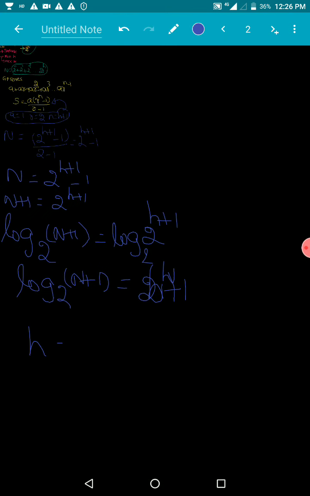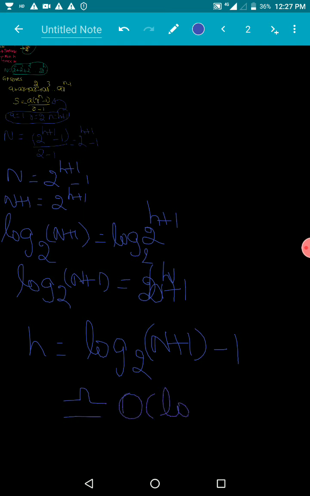Therefore, h equal to log 2 of n plus 1, minus 1. This is approximately equal to order of log n. So if somebody gives the total number of nodes, we can easily find the height of the full binary tree using this formula.